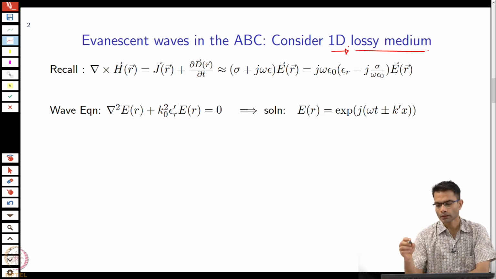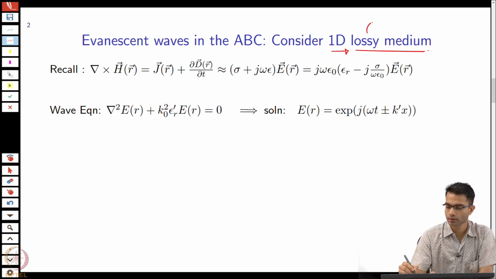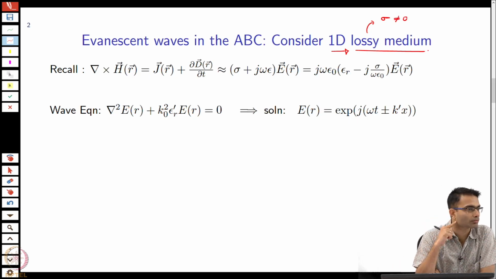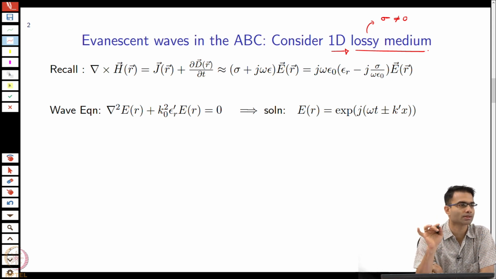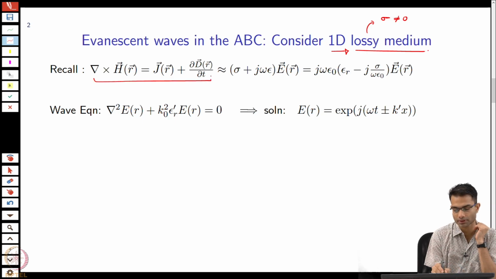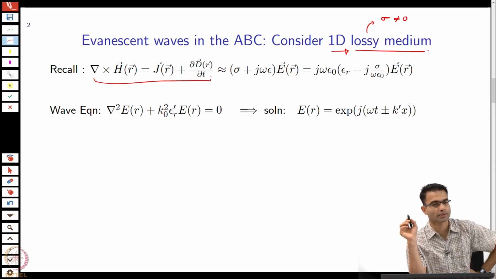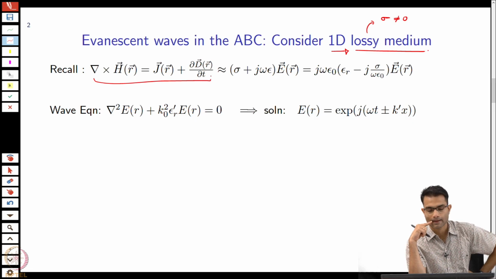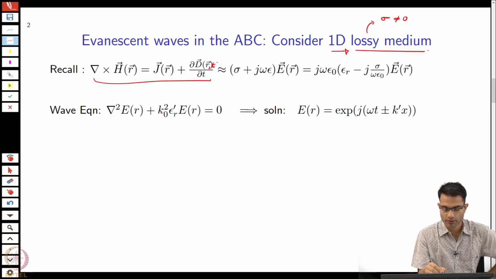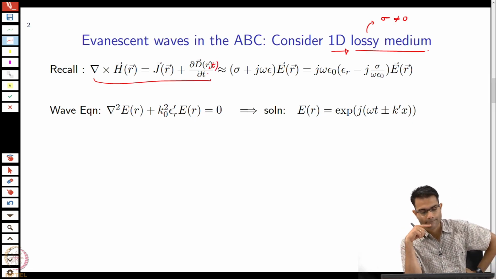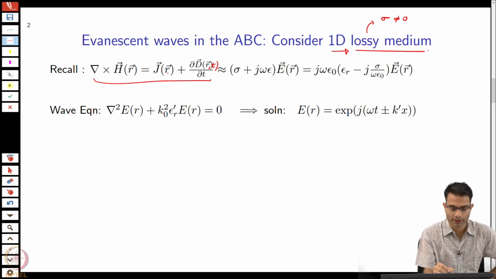So, a lossy medium is characterized by a conductivity which is non-zero, right. And for now, to keep things really simple, we will not even consider a dispersive medium, we will just consider D is equal to epsilon E, okay. So, single frequency kind of a thing. So, this is your Maxwell's equation everyone is familiar with, curl of H is J plus dD/dt, right. This should have a T also over here, but never mind, similarly everywhere, okay.